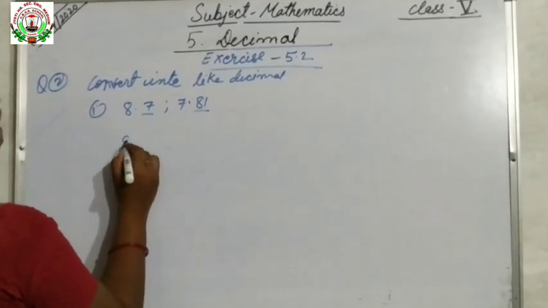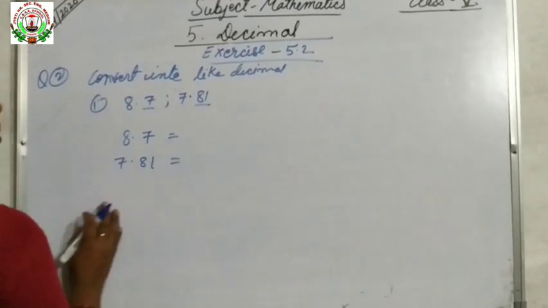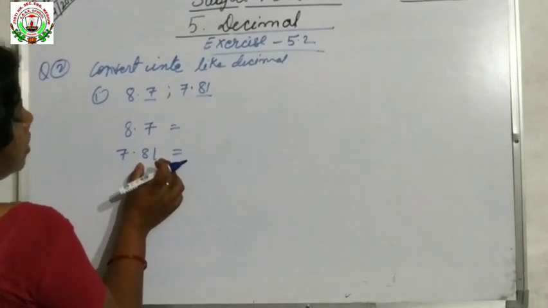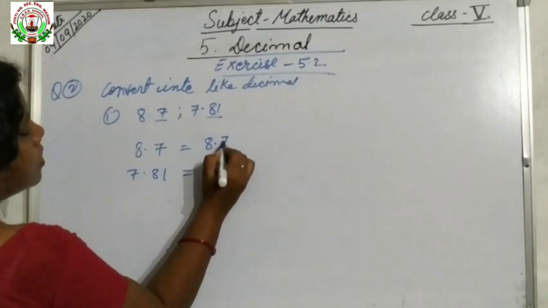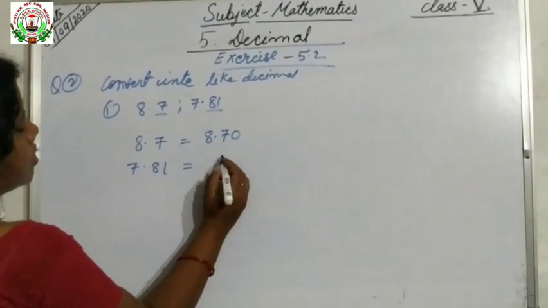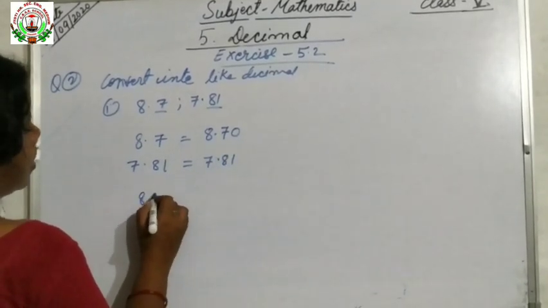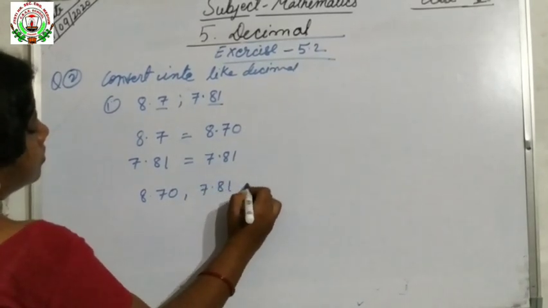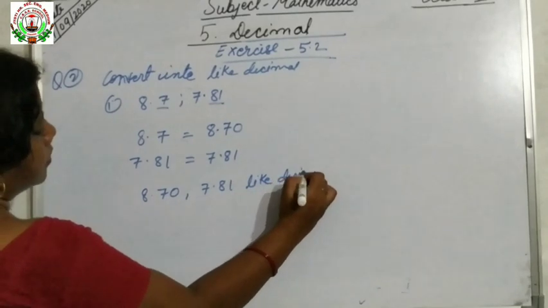Okay. So 8.7 and it is 7.81. So which has the greater decimal places? Here 2 digits are there. Here 1 digit, so it is less. So we will put a 0. After putting 0, 2 decimal digits are there, and here it is already 7.81. So our like decimals are 8.70 and 7.81. Understood?